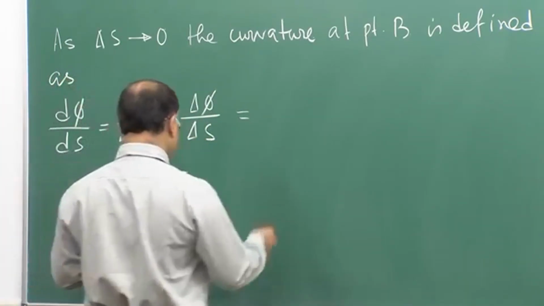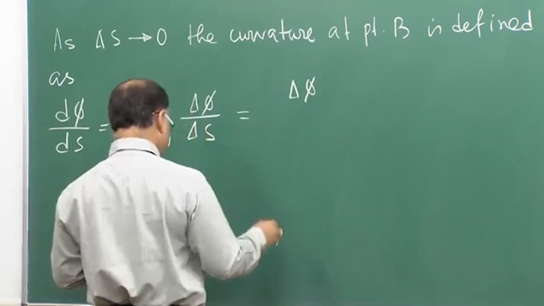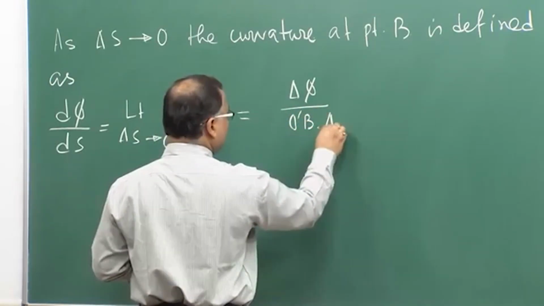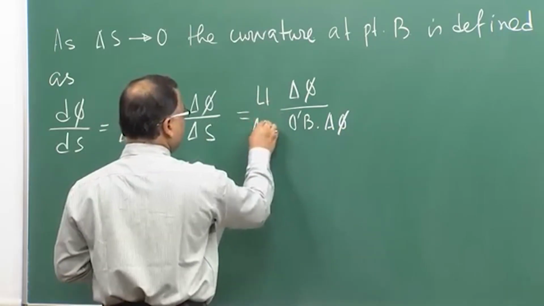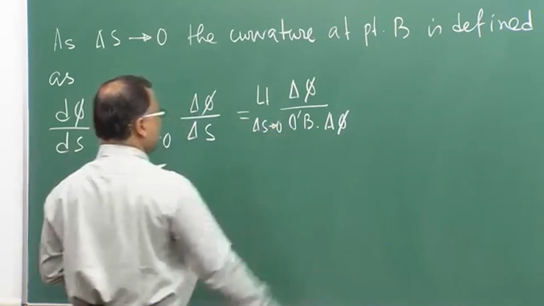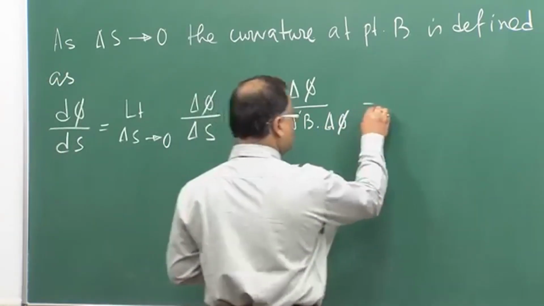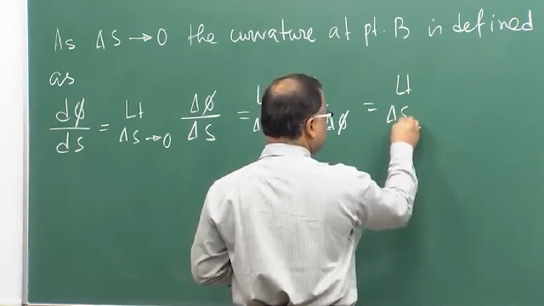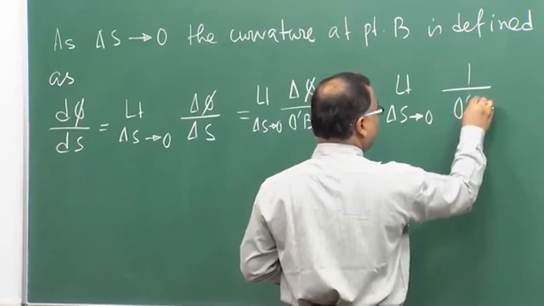So, that can be further written, as delta phi is very small, as limit delta S tends to 0 of delta phi by O prime B into delta phi.